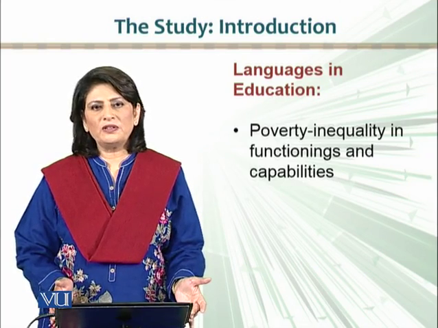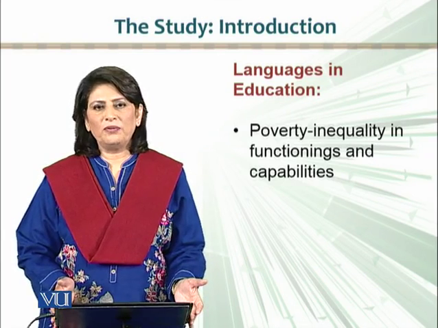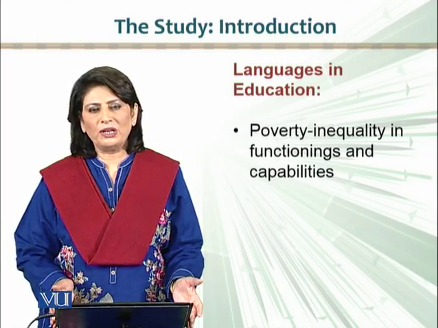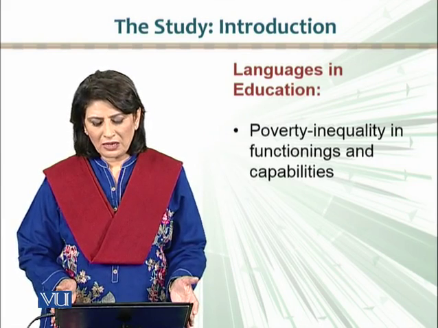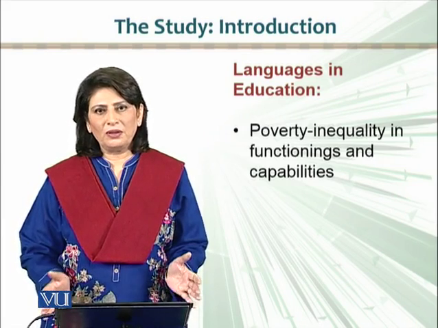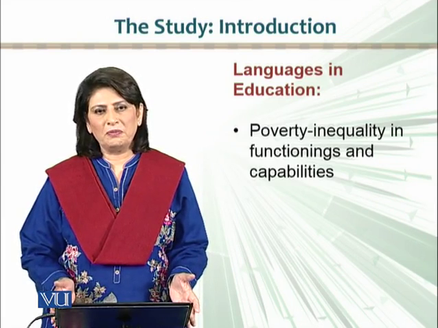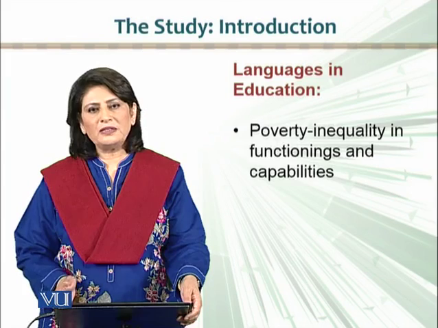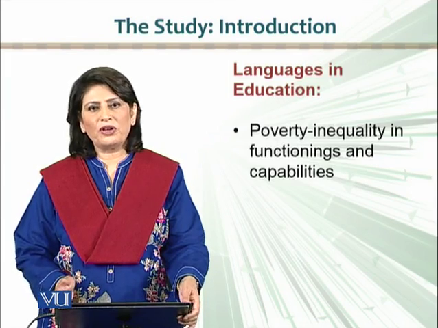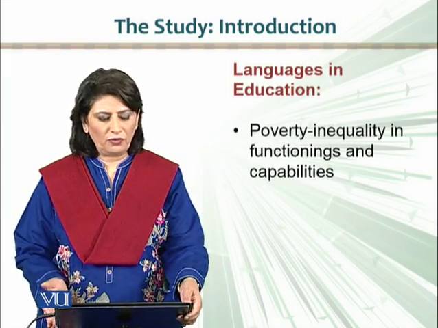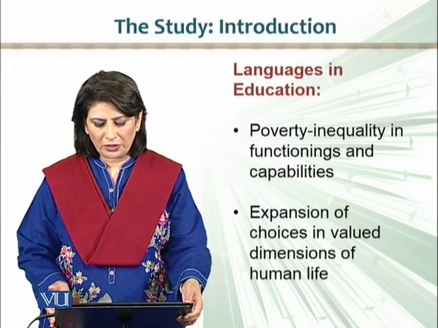And as we discussed, when we talk about poverty or inequality with the capability approach to development, then we mean this difference between people in terms of functionings and capabilities. Capabilities are the choices that you have. Functionings are your current level of education or where you are at the given point.